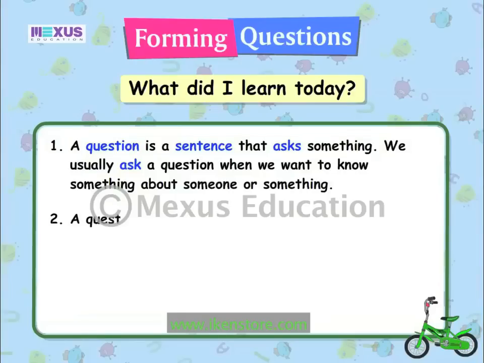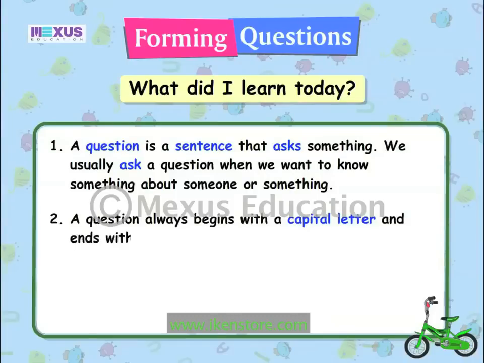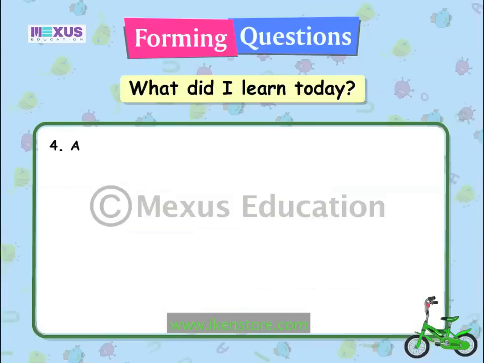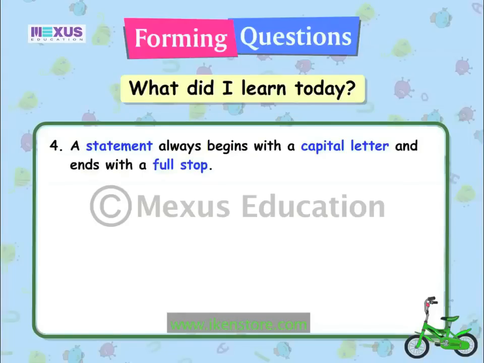A question always begins with a capital letter and ends with a question mark. An answer is a statement that tells us something. It is a response to a question. A statement always begins with a capital letter and ends with a full stop.